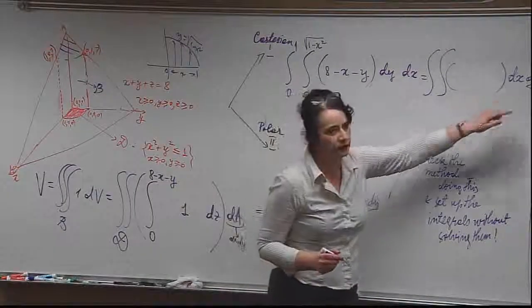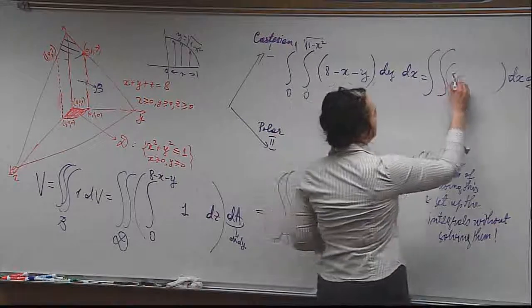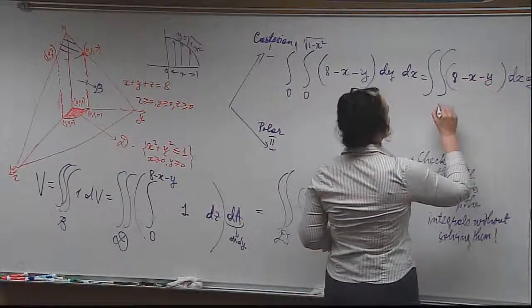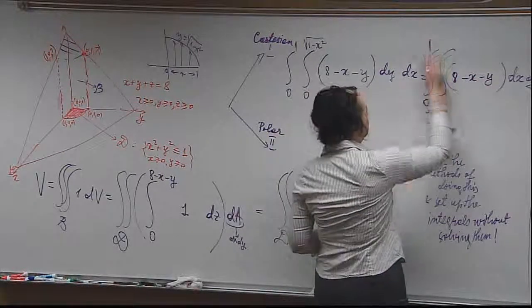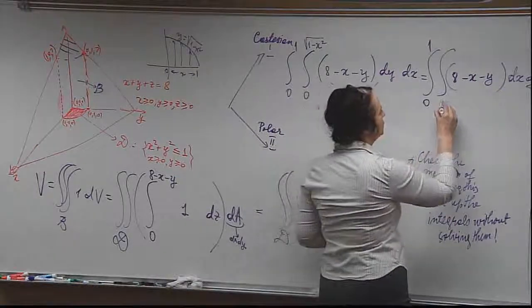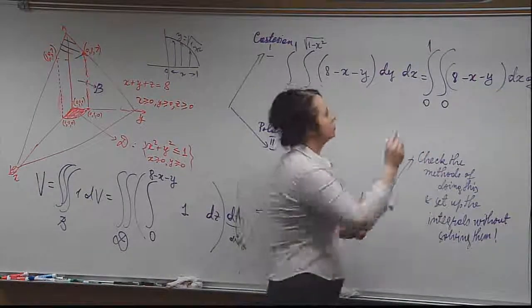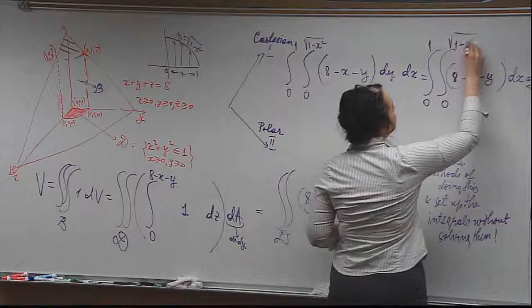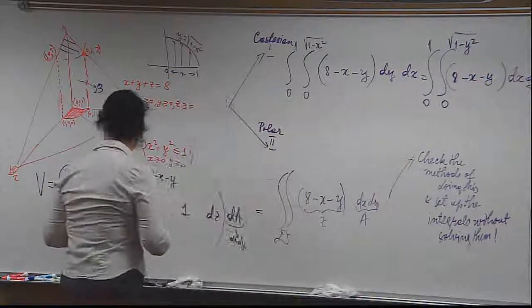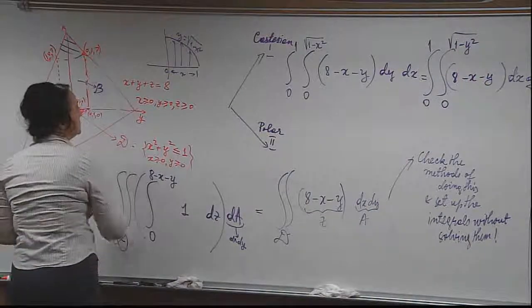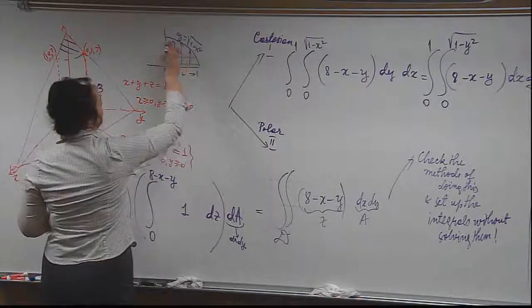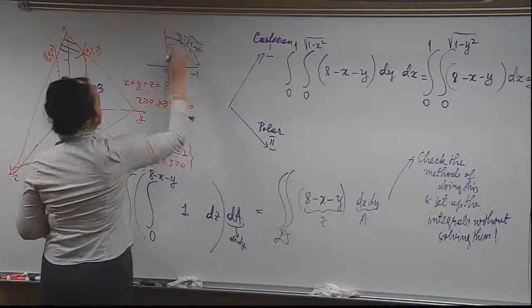How about the other integral? Same integrand, same idea, y between 0 and 1, and x between 0 and square root 1 minus y squared, because I'll do this guy with horizontal strips and forget about the vertical strips.